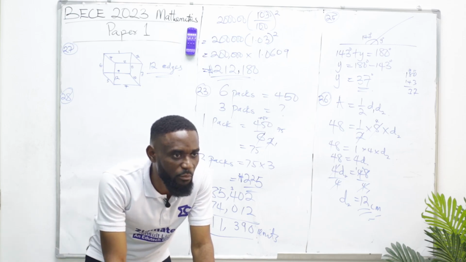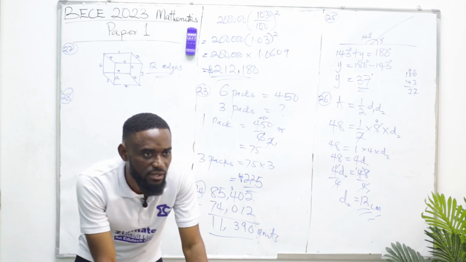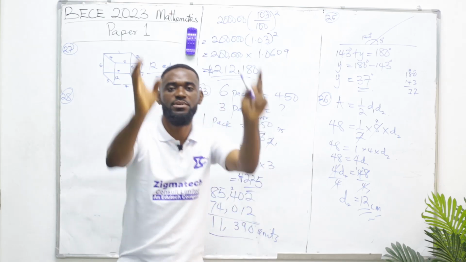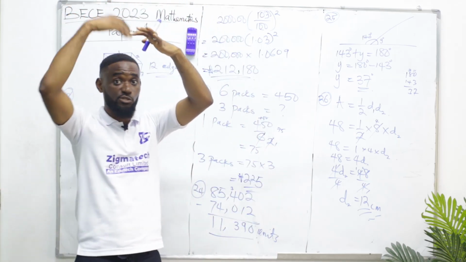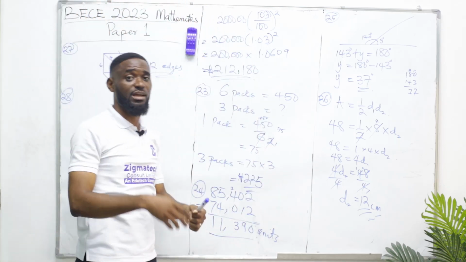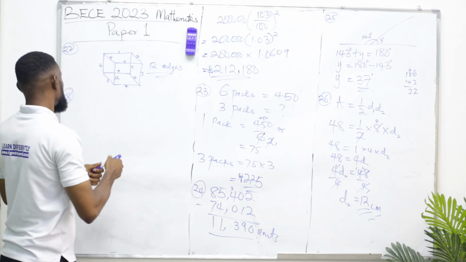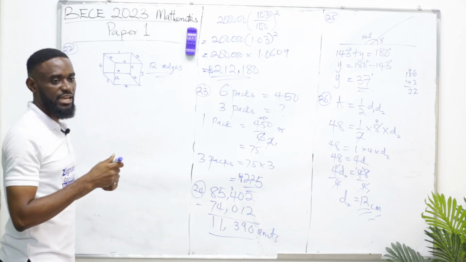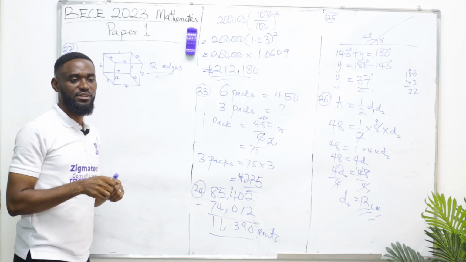The next one is, how many vertices does a rectangular pyramid have? It is a solid shape also, okay, three-dimensional. All right, so we have a rectangular pyramid.